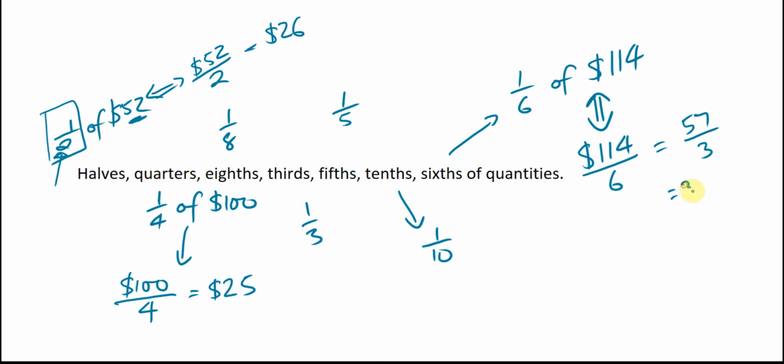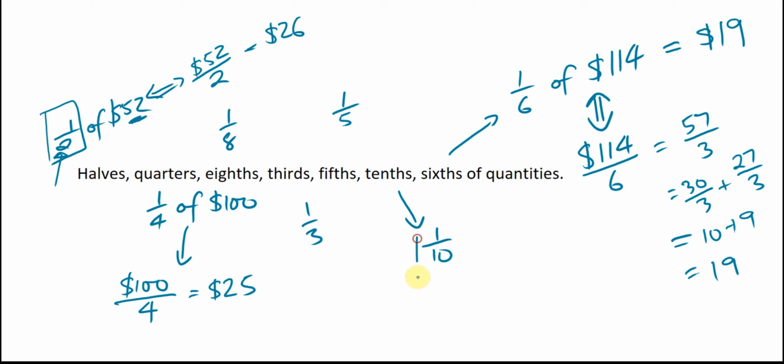Well, that's the same as saying 30 divided by 3 plus 27 divided by 3. So just simplifying that down, we end up with 10 plus 9, which is 19. So 1/6 of $114 is $19. So these things here are called unit fractions.